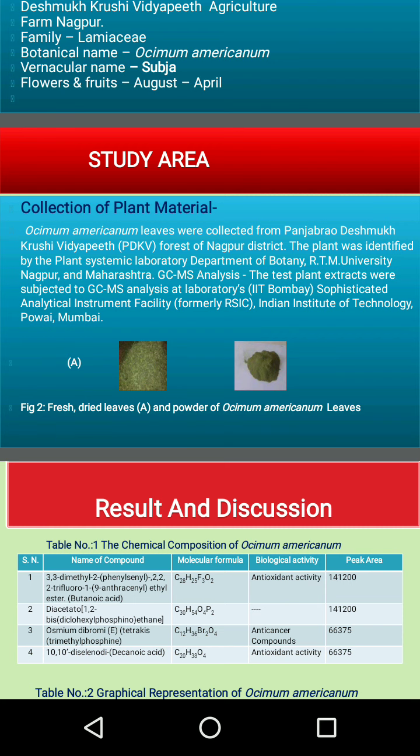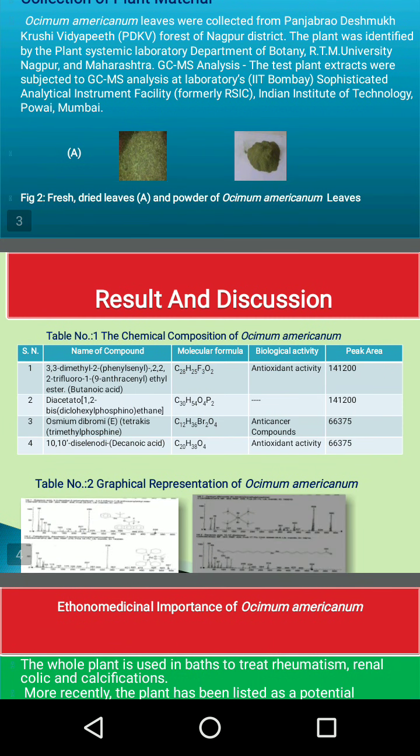Result and discussion of this plant's leaves. The first table shows the chemical composition of Ocimum americanum. I got four compounds from the leaves of the plant: the first is a trifluoroethyl ester, the second is a dioxolane acetal, the third is Ocimum dibromide, and the fourth is the decoic acid.